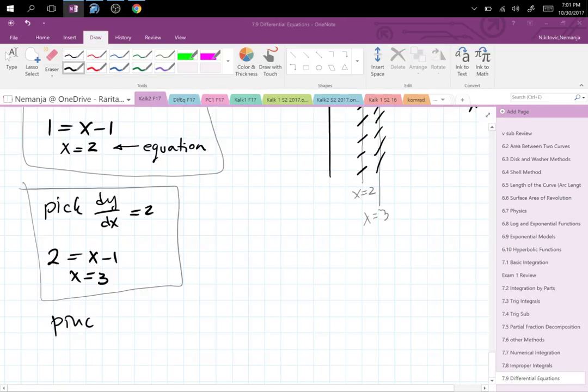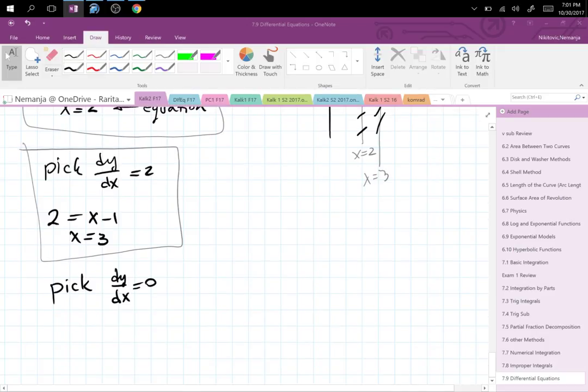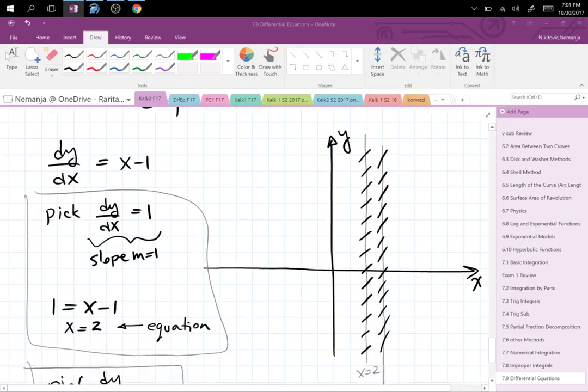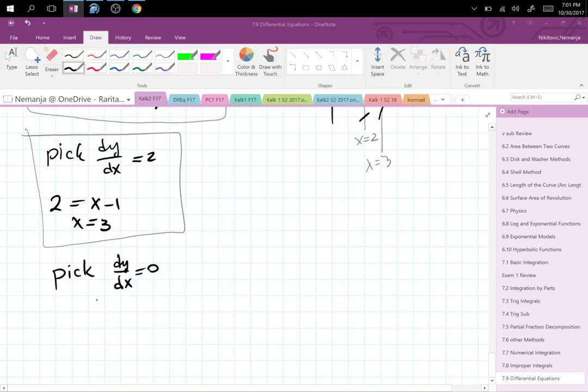Let's pick pink. Pick slope to be 0. I mean dy/dx. You can pick anything. If you pick dy/dx to be 0, then when you substitute, 0 equals x minus 1, x equals 1.